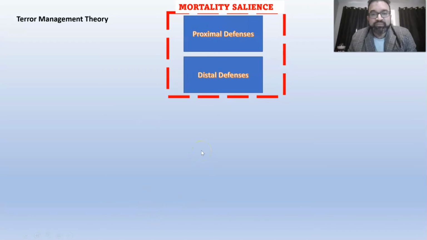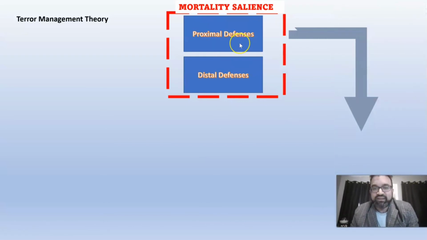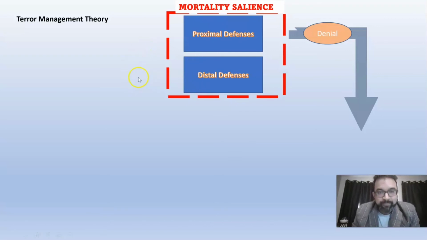So what are some of the proximal versus distal defenses that are created? One of those would be denial. Mortality is something that is inevitable, and the first defense is to deny that fact.